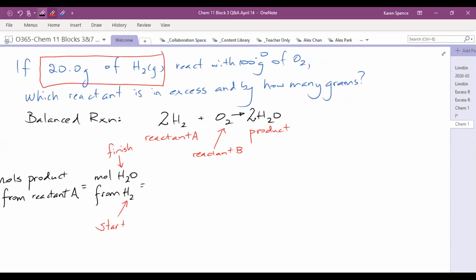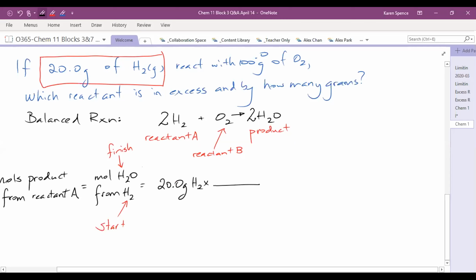So we have 20 grams of H2 times, now if we want to go from H2 to H2O, we must be in moles first.